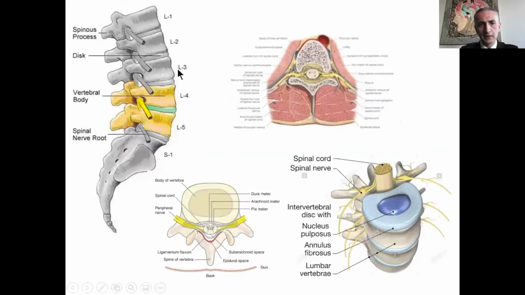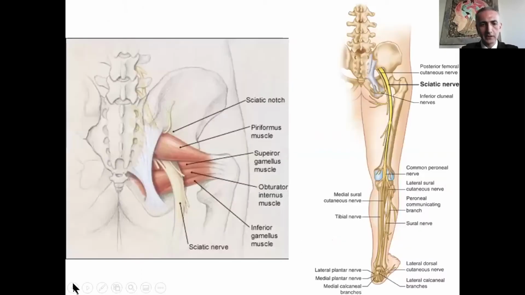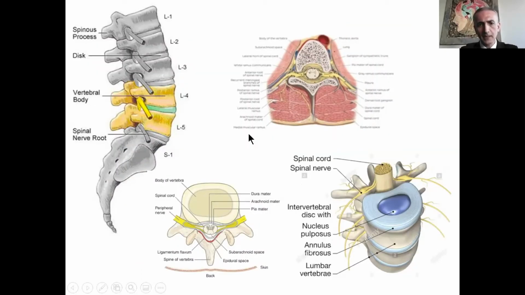Now here, again, you see the lumbar spine, lumbar vertebrae 1, 2, 3, 4, 5, and here is the sacrum. Then this is a cross section from this area. So this is one vertebra, looking from the top or from the bottom, and this is the back side of the vertebra.